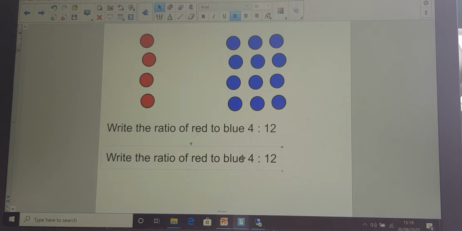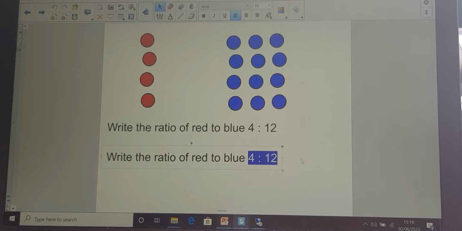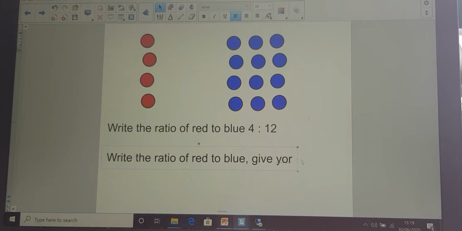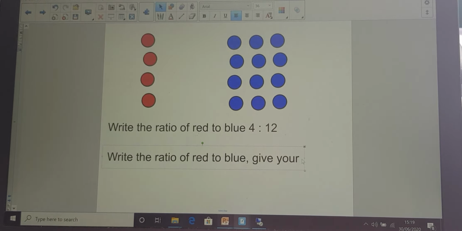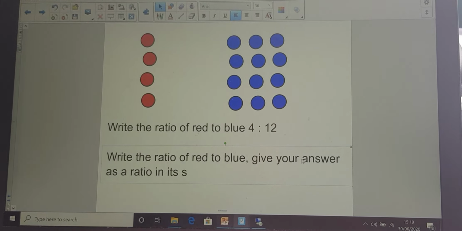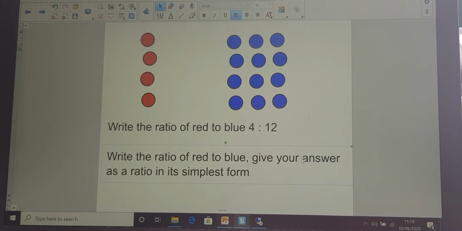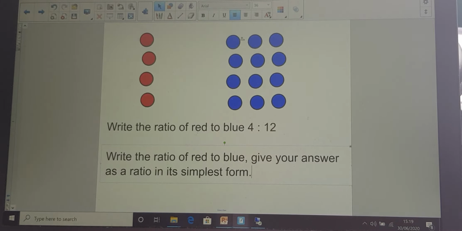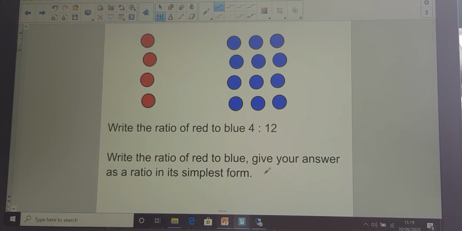So I'm going to write that like this. Write the ratio of red to blue. Give your answer as a ratio in its simplest form. And that's going to look like this. Well, the ratio of red to blue is 4 to 12.